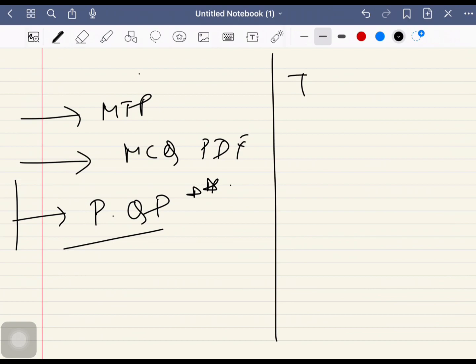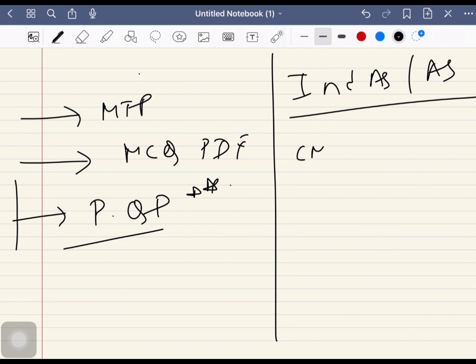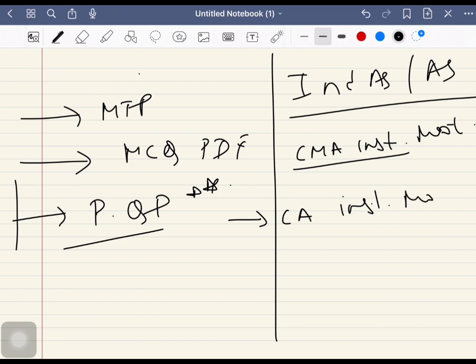For Ind AS and AS, I'll tell you something different. The first thing you need to do with regards to these two is to first complete all the practical questions in our CMA Institute material. After completing these practical questions in our material, then go for CA Institute material. It will be available online.